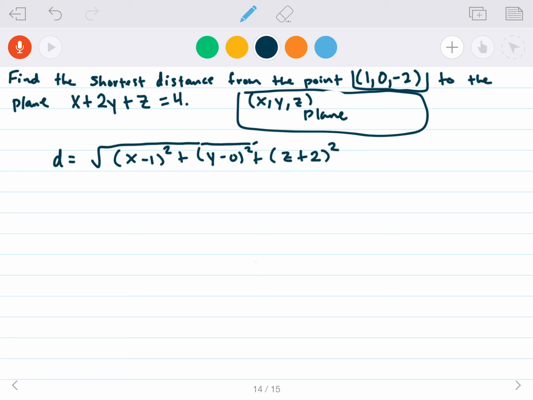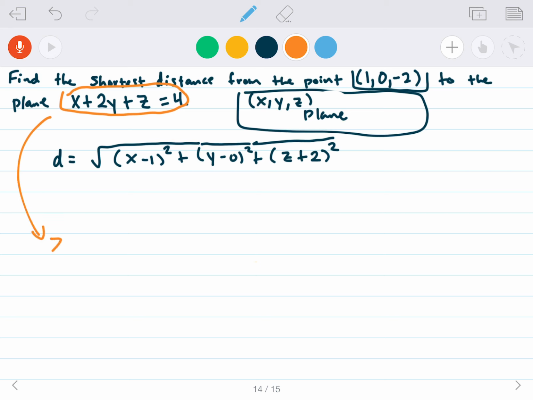Okay, so since we're trying to minimize this, we want to be able to take partial derivatives, and it's always easier to work in 2 independent variables if we can. So what we can do is use the equation of the plane that was given to get z in terms of x and y.